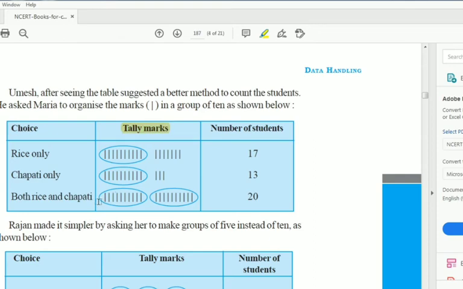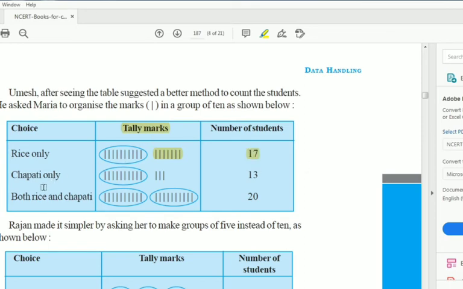So dear students, while solving sums related to data handling, there are three columns: the given information, tally marks, and number of the given information. He makes a group of 10 lines. So this is a group of 10 and another 11, 12, 13, 14, 15, 16, 17. Like this, we can write directly 17.